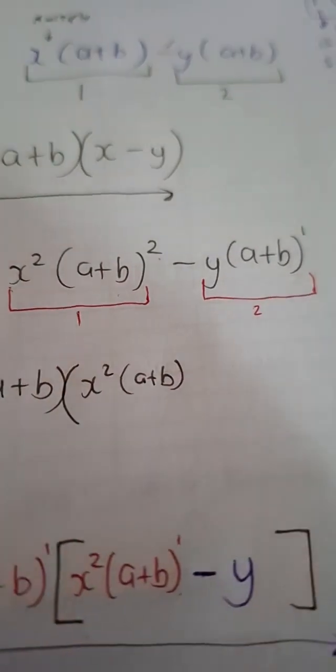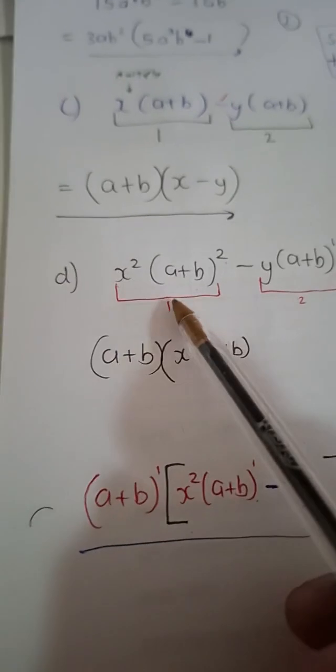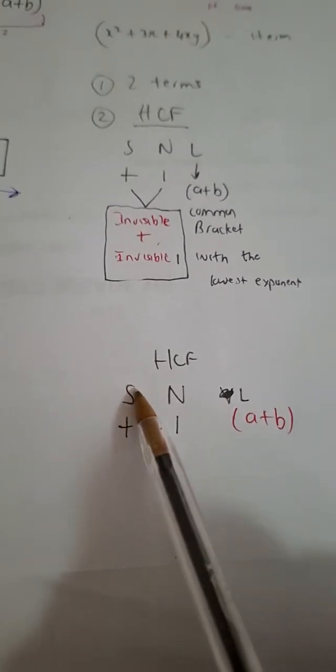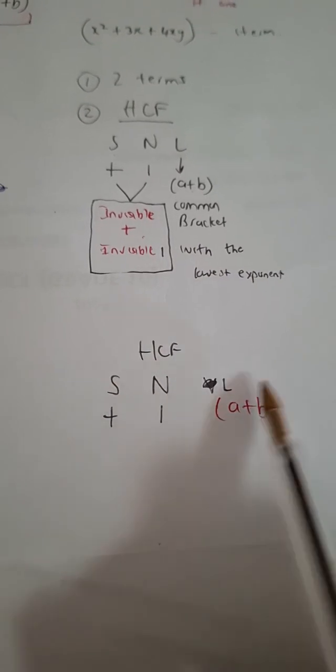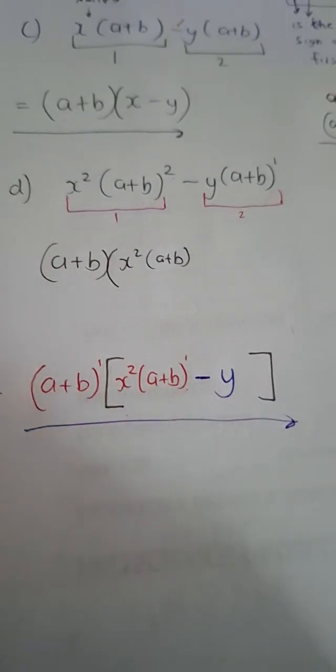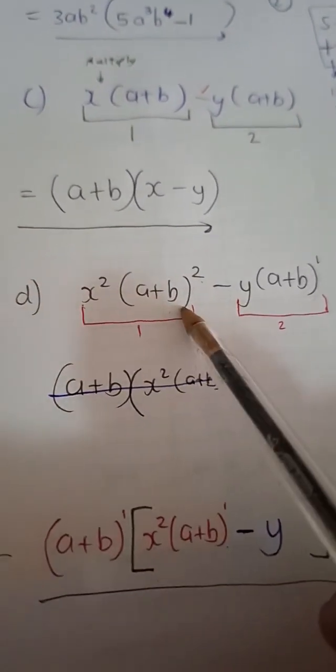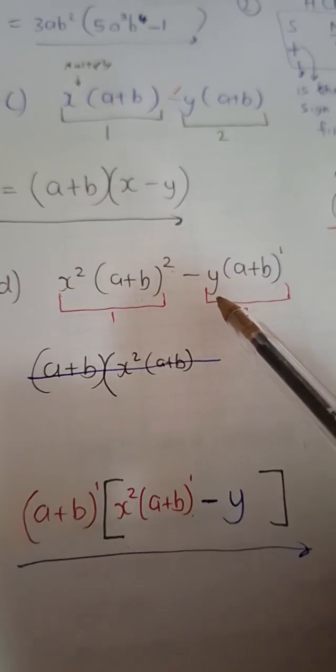Then, when we are factorizing, we simply take out the highest common factor, and I've said to you, you identify the highest common factor sign, the highest common factor number, the highest common factor letter. When you do that, please take note. When we take out that highest common factor sign, we always look at the first term of our expression. We take out that sign.